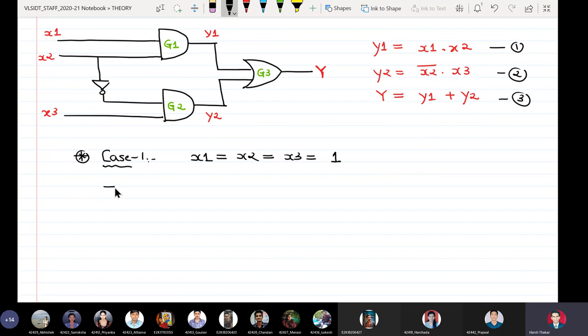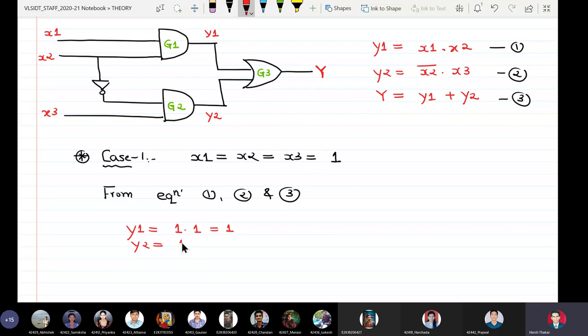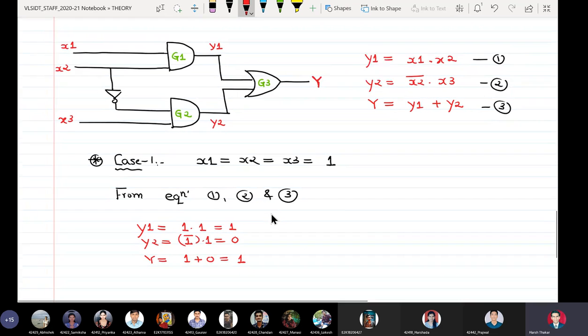From equations 1, 2 and 3, y1 is 1 ANDed with 1 equal to 1. y2 is x2 bar, so it is 1 bar ANDed with 1 equal to 0, and y is 1 ORed with 0 equal to 1.